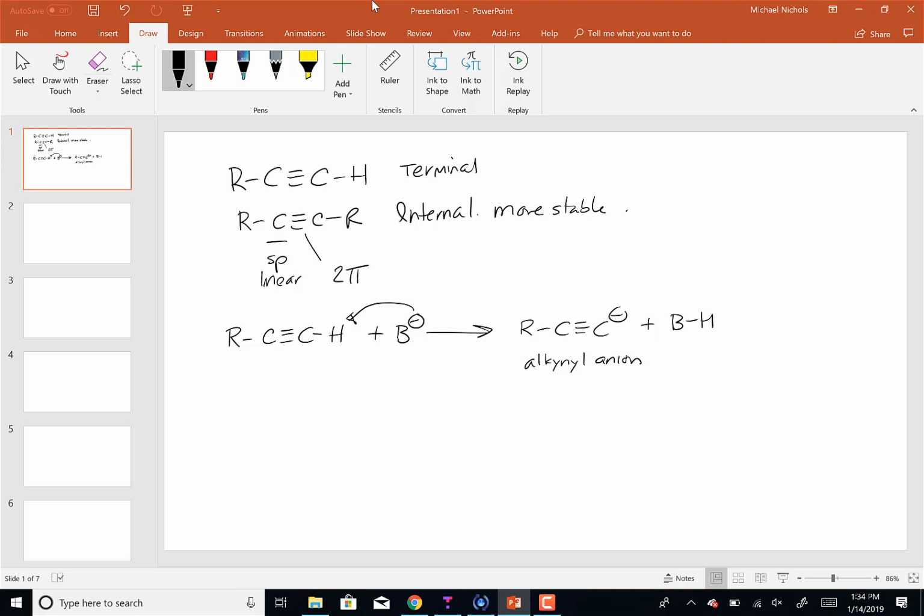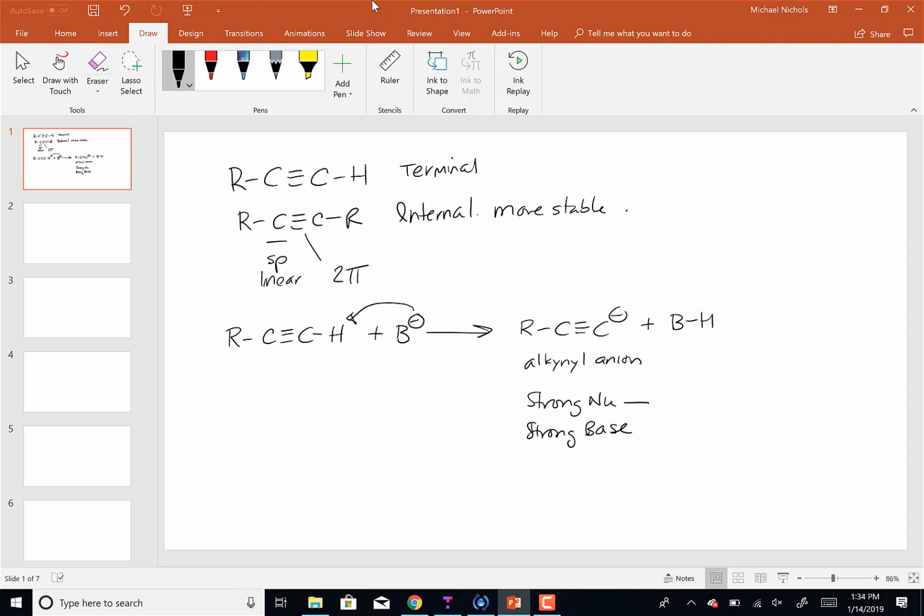And then the base gets terminated. Now when we start looking at an alkynyl anion, what is it? It's a strong nucleophile and also a strong base. So this is both a strong nucleophile and a strong base.